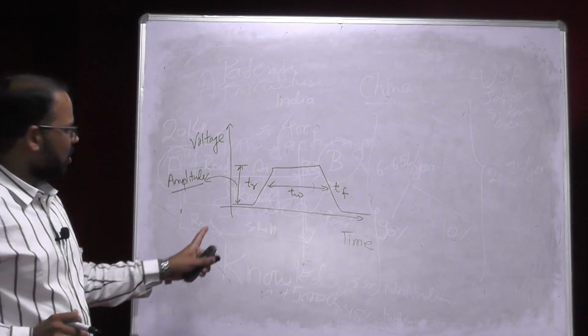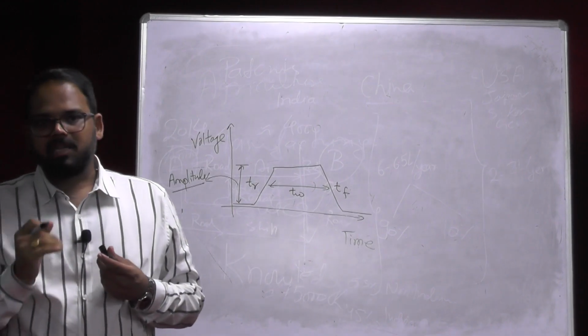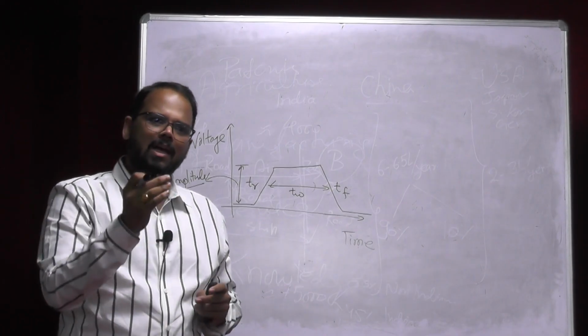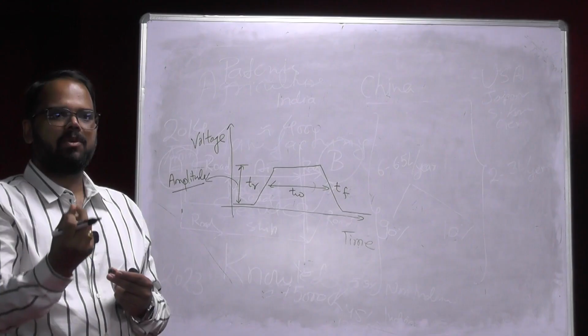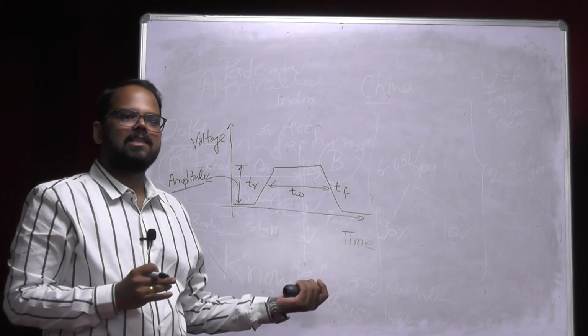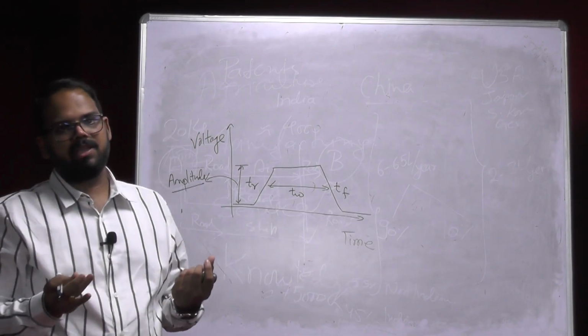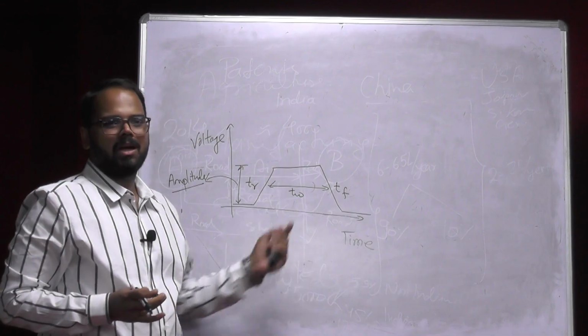Not only the amplitude of a pulse is responsible. If you give a single 1 volt for a longer time duration, you can change the state, and if the same 1 volt is applied for a reduced time, you can also change things. The only thing is that you have control over this parameter.